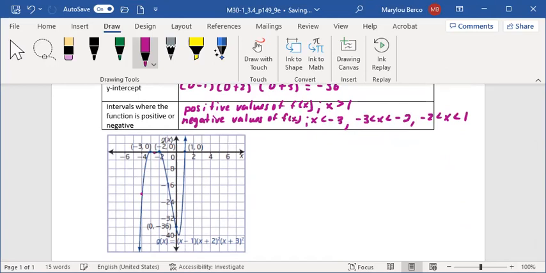You could test -1 and you would get -16. This is all substituting into our original equation. Then substitute maybe 0.5 and you would get a negative value. And then you would substitute +2 and you would get a positive value, to see that it does increase, leading up to quadrant 1.